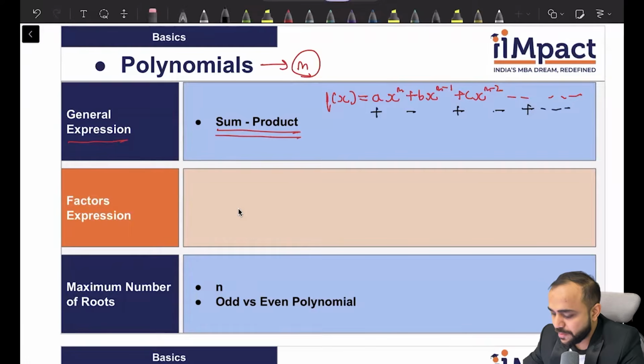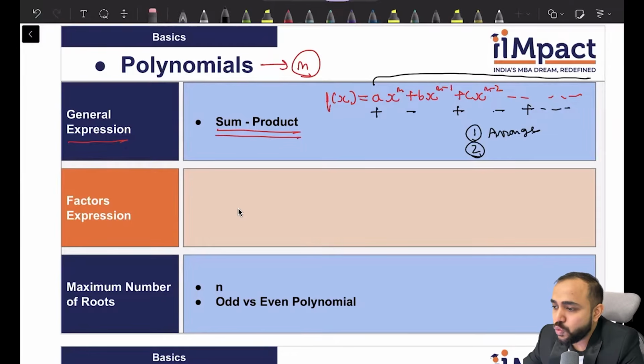So your first step is to arrange the given expression in decreasing order of power. That is your step number one. Second, you make sure if there is some term missing. If, let's say, x square is missing, you write it as 0x square. So accommodate missing powers.